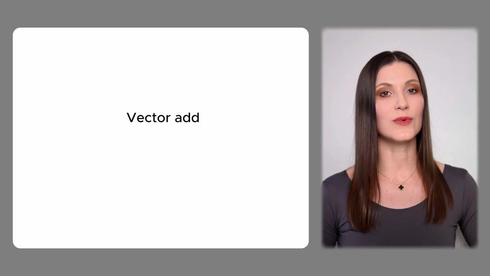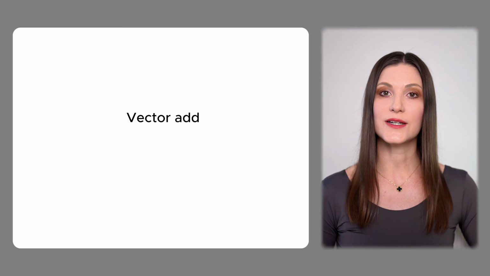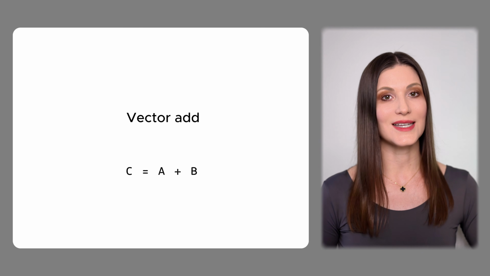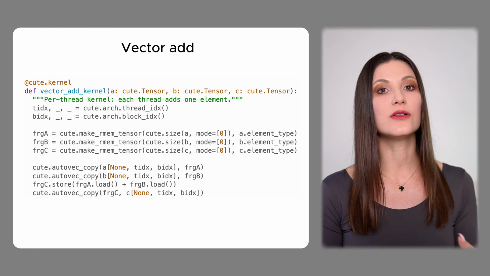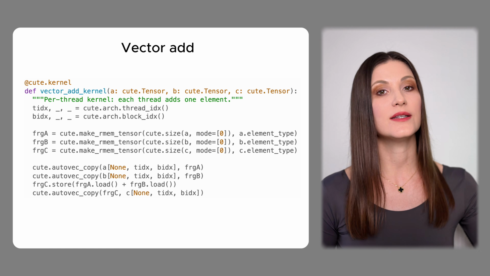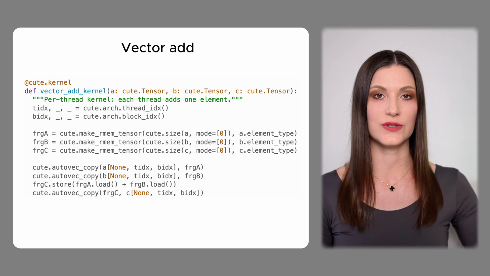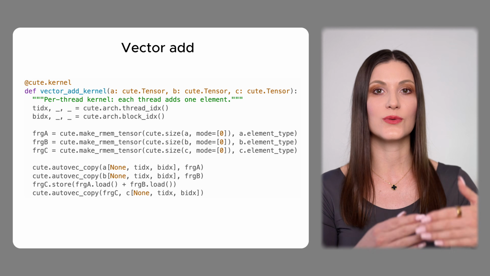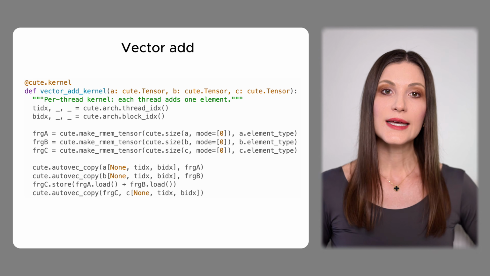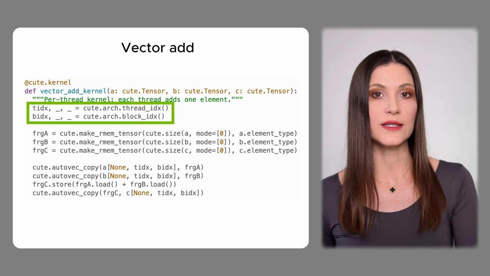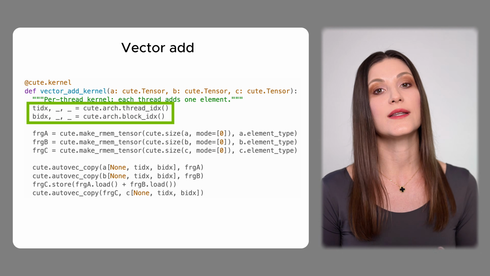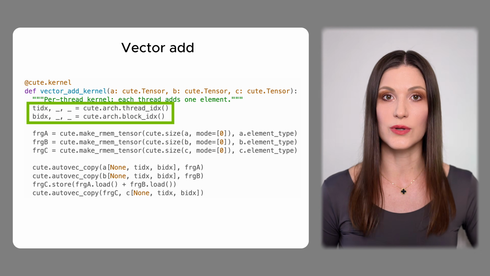Let's start with the smallest complete example, vector add, C equals A plus B. In the kernel, each thread loads one element of A and one element of B into registers, adds them, and stores the result. Here are a few things to notice. We use a thread index and a block index to identify the thread and the block.